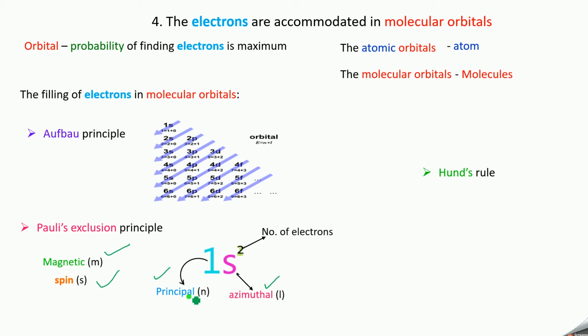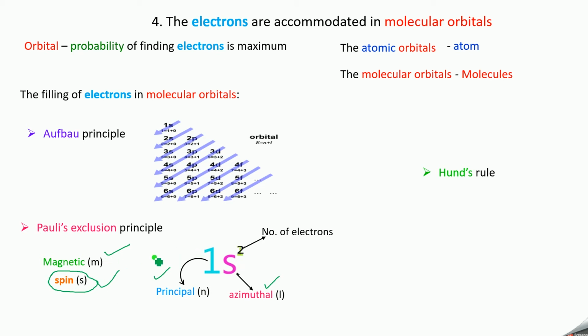They can have the principal, azimuthal and magnetic quantum numbers the same, but the spin quantum number should be different. For example, if you take these two electrons, for these two electrons the principal quantum number is 1, the azimuthal quantum number is 0, the magnetic quantum number is 0. But the spin quantum number for one electron is plus half, and for the other electron it is minus half.